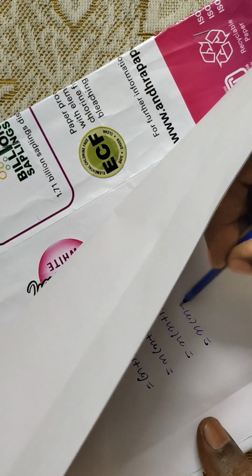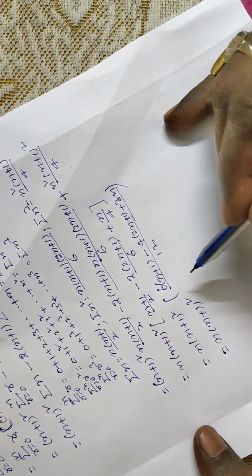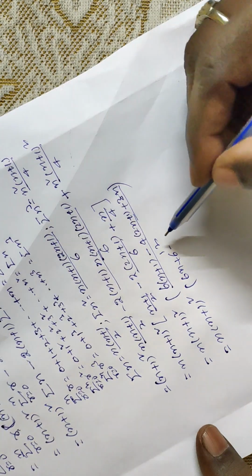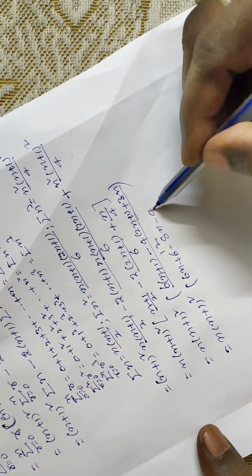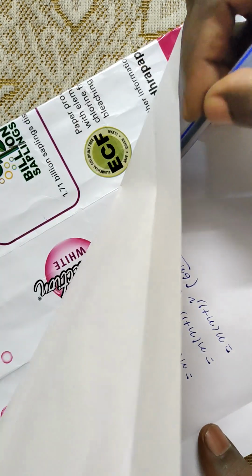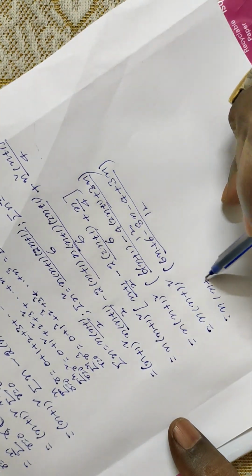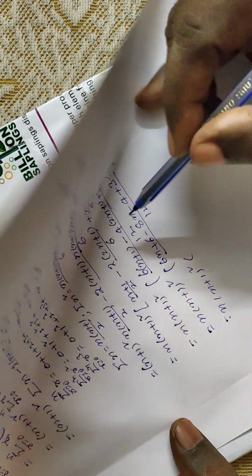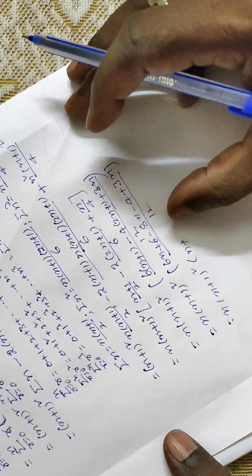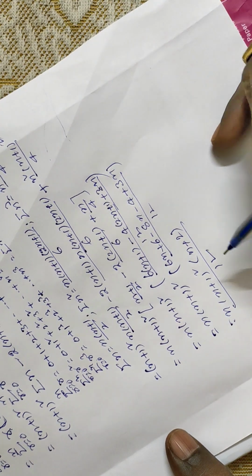Now n into (n plus 1) whole square into (6n plus 6 minus 8n minus 4 plus 3n) whole by 12. That is n into (n plus 1) whole square, 6n plus 3n, 9n minus 8n is n, plus 6 minus 4 is 2, (n plus 2) whole by 12.